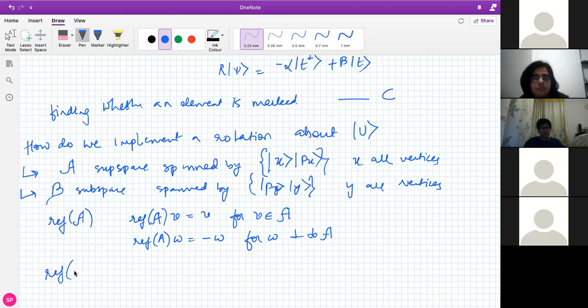Similarly, we define operations for B as well. Don't get scared by these things now. We'll see how easily you can actually implement this.